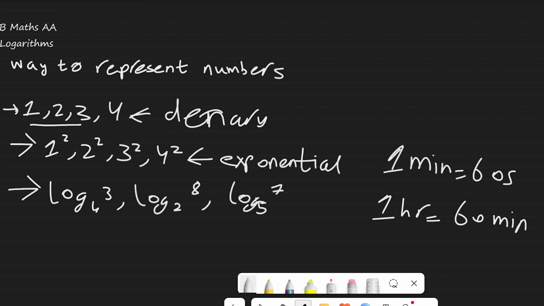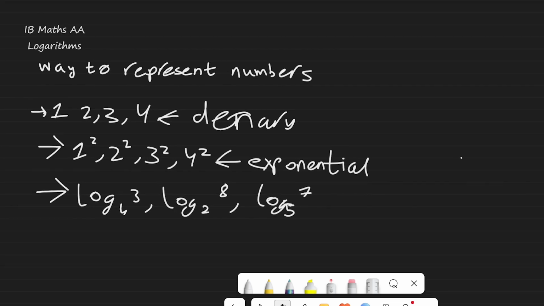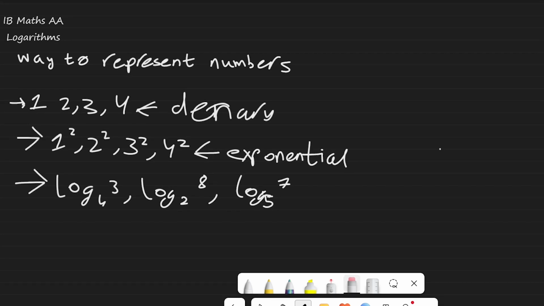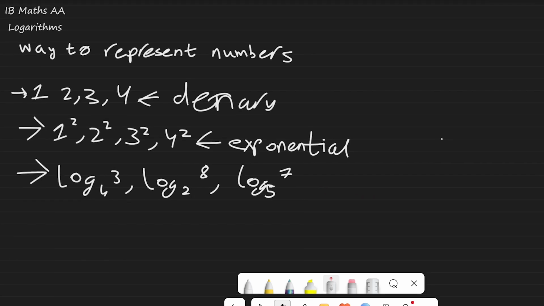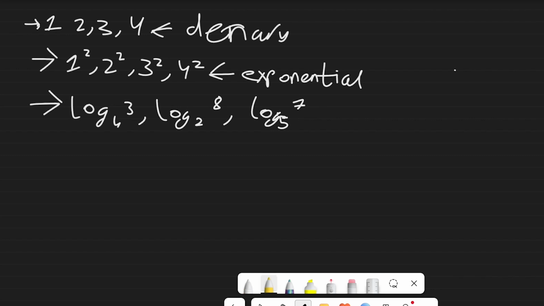And here it is in terms of ones and twos. Then there is denary as well, which is a more computer related term. So for the topic, we need to understand these ways to represent numbers, and logarithm is also one of the ways to represent numbers. Okay, so first of all, let's understand exponential form to better understand the logarithmic form.